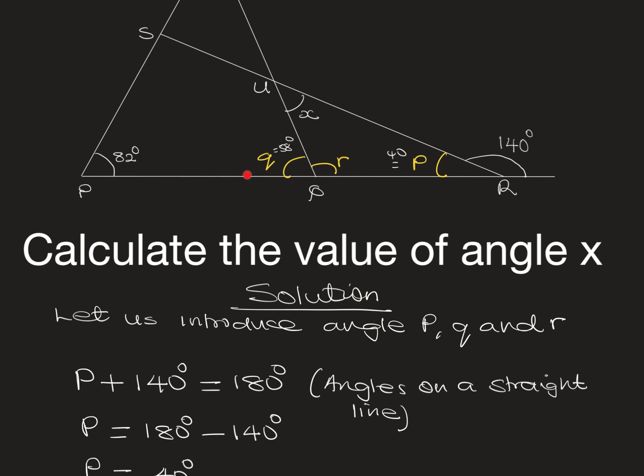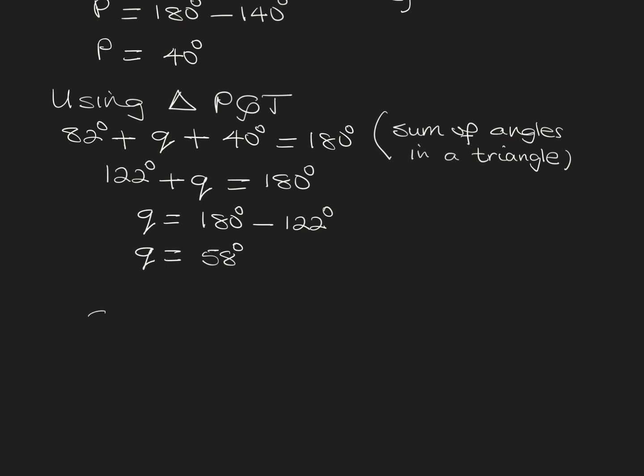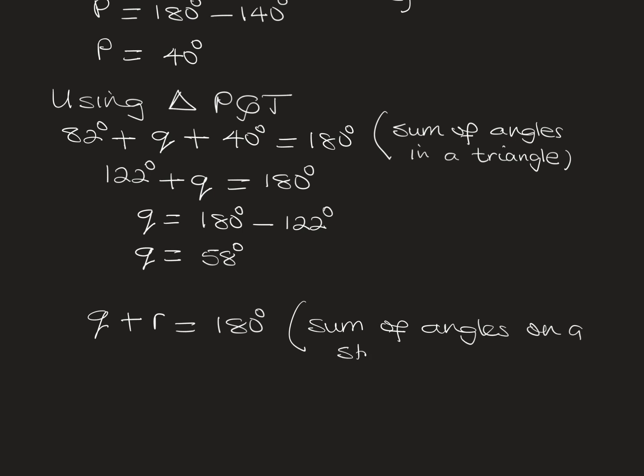Q and R are angles on a straight line, okay? So we'll say Q plus R is equal to 180 degrees because of the sum of angles on a straight line. So Q is 58 degrees plus R is equal to 180 degrees.